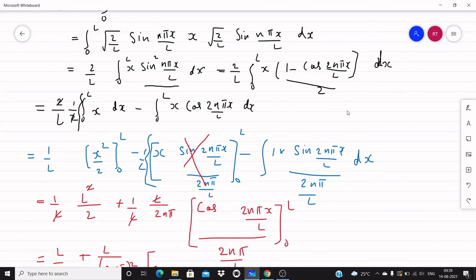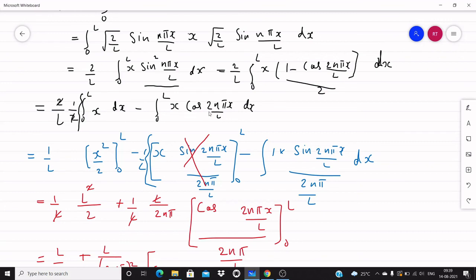Then we gave the value of sine square theta in terms of cos 2 theta. And then separated the two terms. That is, we have integration of x and x cos 2n pi x by L. Integrated it separately. From the first term, you have integral x square by 2, applied the limit. So you have L by 2 here. And the second term, why we have to integrate it by parts.